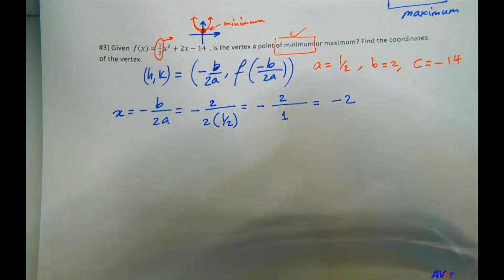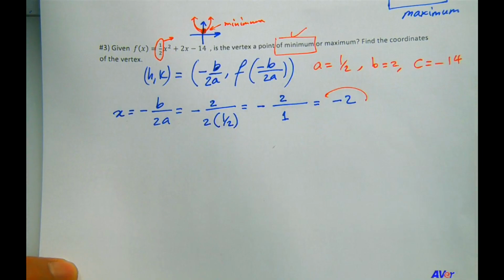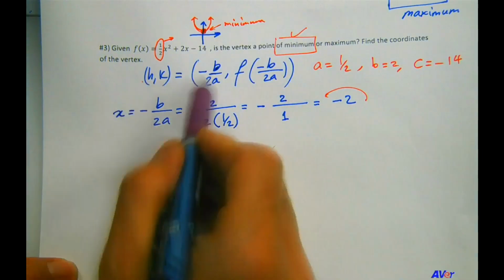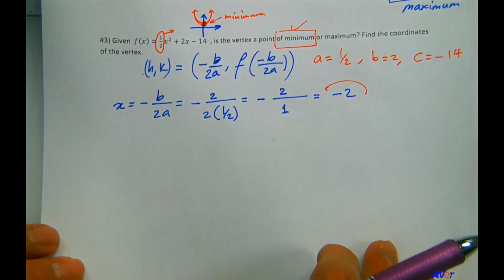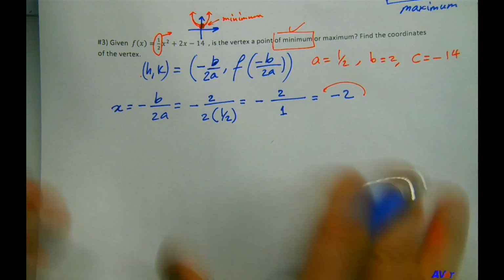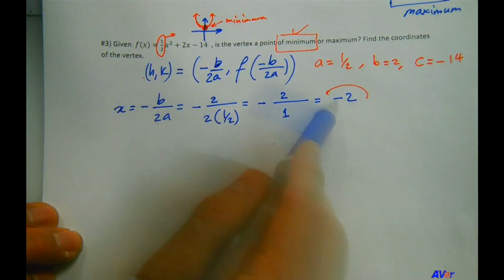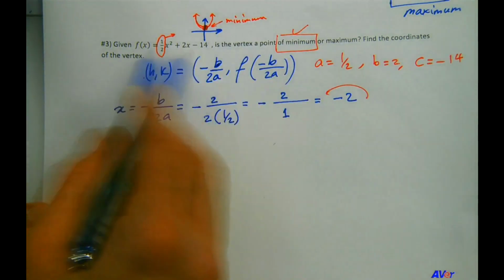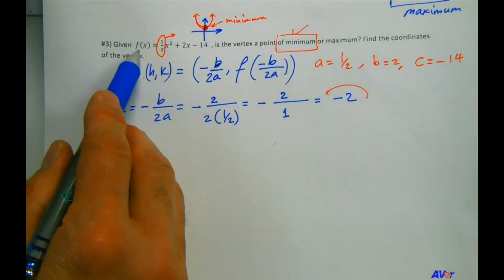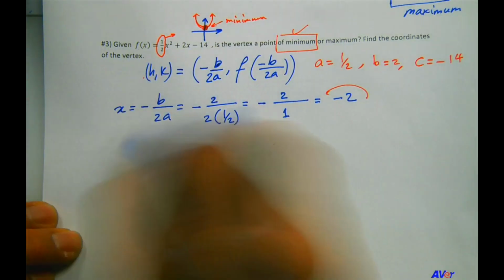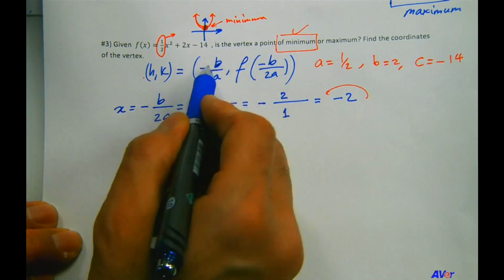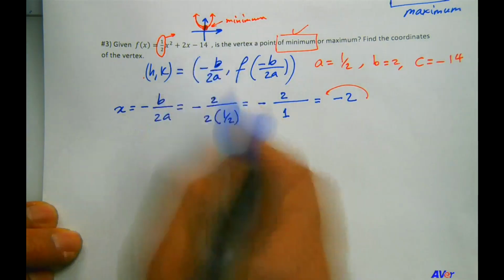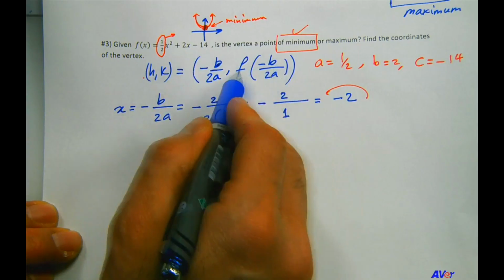So this is our x component, or h component of the coordinate of the vertex. So now let's find y. How do we find y? We replace x with minus 2 in the original function and find the value of the function at negative 2. That's all it's saying: find the quantity minus b over 2a, and then substitute in the original function.